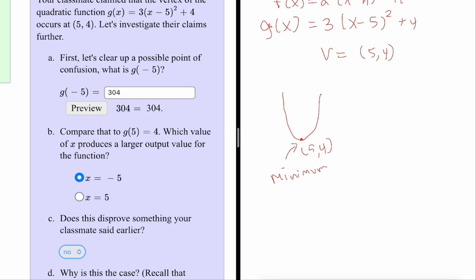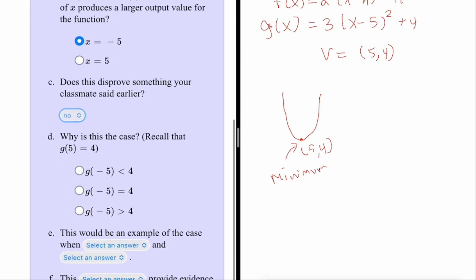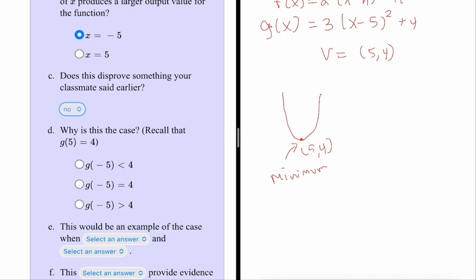If it's a parabola pointing downward, if our a is negative, it should be pointing upward. So that's good. Does this disprove something your classmate said earlier? No. Why is this? Well, that's because g of negative 5 is higher than what the vertex was, or what he thought the vertex would be.